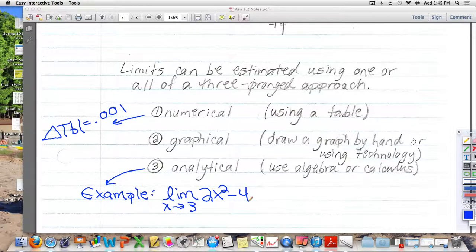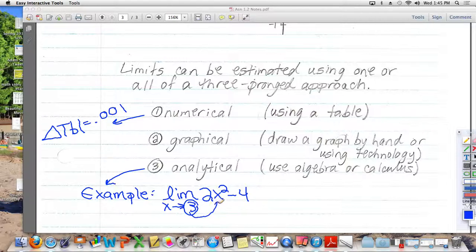You certainly could go to y equals, type in 2x squared minus 4, make a graph, make a table, and figure out what the limit is supposed to be. But when you have a nice, easy algebraic equation like this, all you really have to do is take this value of 3 and plug it into your rule.